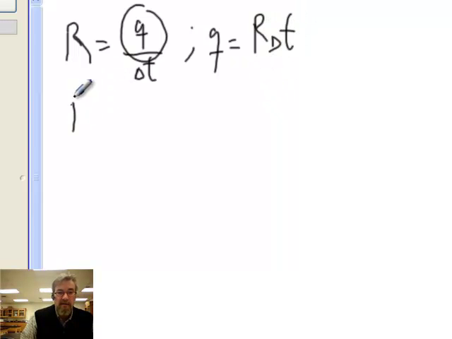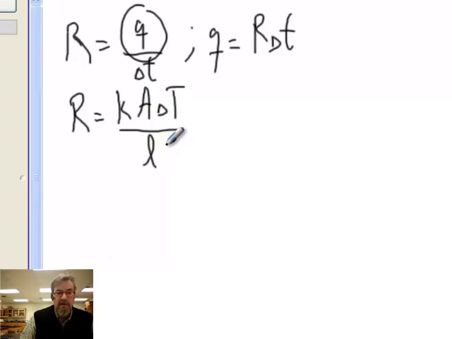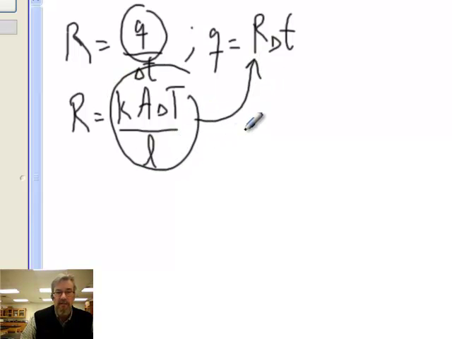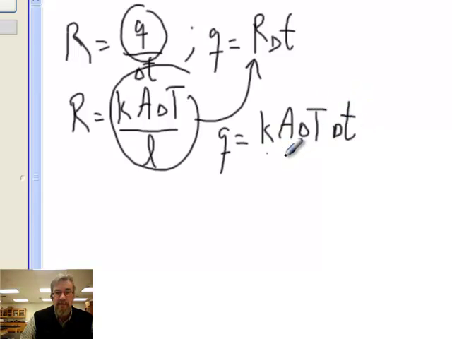But R, for conduction heat transfer, which is what's happening through this wall, is K times A times delta T divided by L. So substituting this in for R up there, we get an equation for Q. Q is equal to K times A times delta temperature times delta time, divided by the path length.